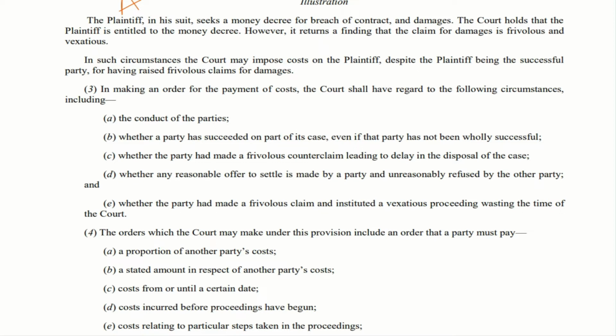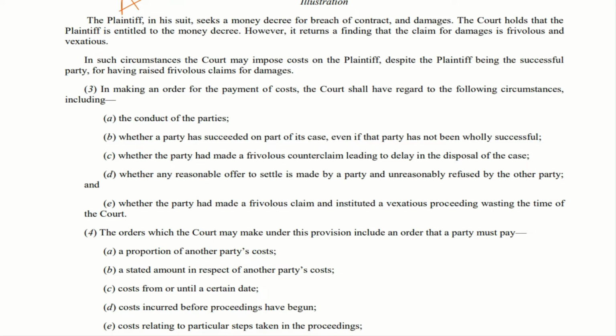The third point, whether a party has made a frivolous counterclaim. For example, let me take that I have given money to some X. That X has not paid the money back. I am filing a case against him. And in that case, X is filing a counterclaim, saying that no, he has to give me money. That is why I did not pay money.